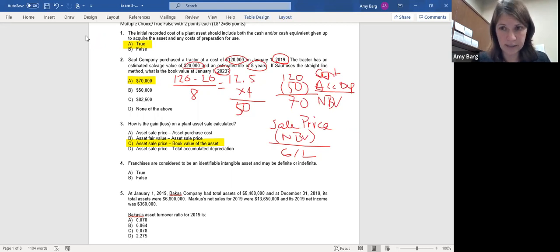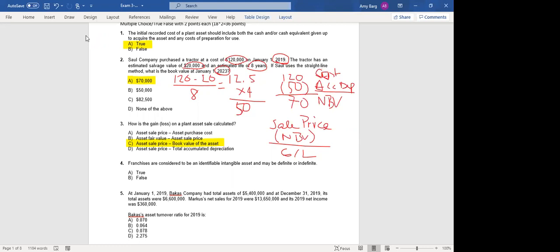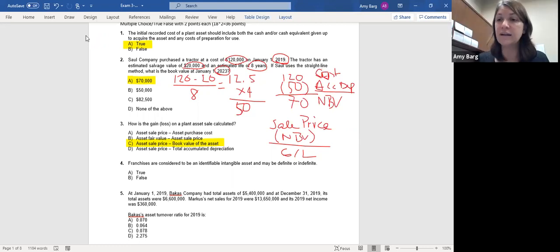So the sale price is what you got for it. The book value is what it's worth to you, not necessarily the fair market value, just this whole concept of net book value, what it's on your books at. And then the gain, if you sell it for more than what it's worth to you, you get a gain.